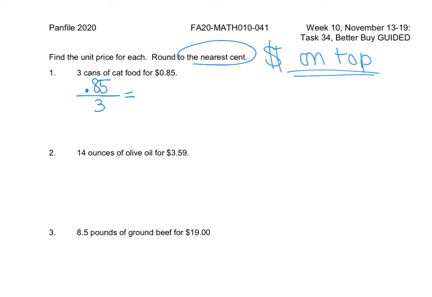Now, rounding to the nearest cent means we're rounding to the nearest hundredth. Remember, the final is still around the corner and it's cumulative. So that means we want two places, which means we need to look at the third.